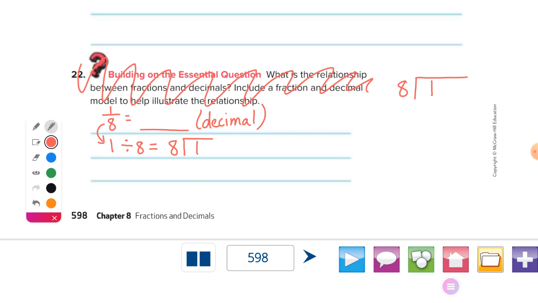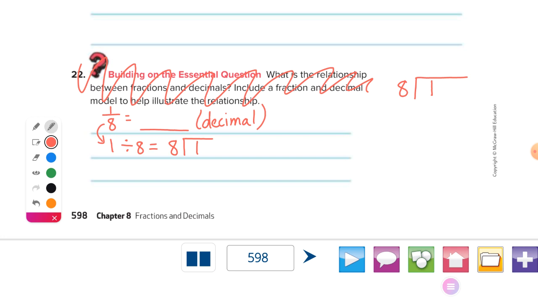So if we take 1 whole cookie and divide it into 8 equal parts, will 8 people get part of a cookie? Yeah. But will they get more than 1 whole cookie? No, so that just means when we divide this out, we will get a number that's between 0 and 1. You will get more than nothing, but you will not get 1 whole cookie.